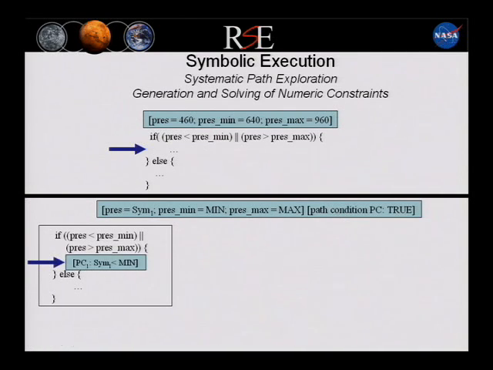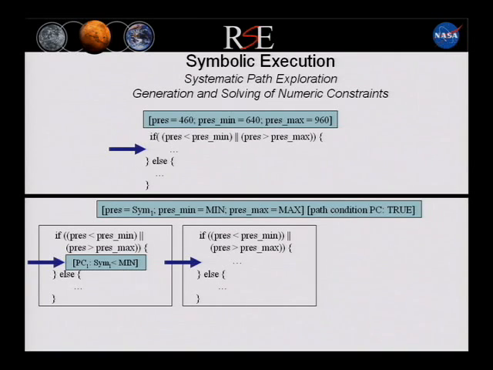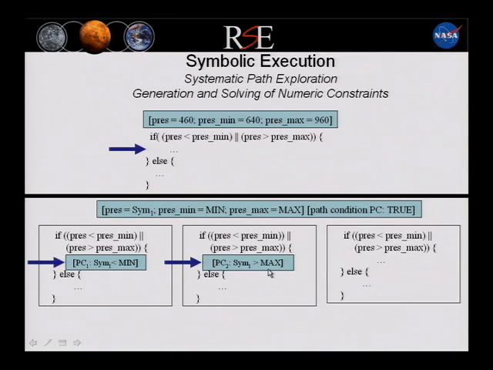So then for one path that corresponds to the first condition in the if branch, the path condition will be updated with this condition. Then the analysis engine, basically the model checker, will backtrack and explore another path corresponding to this condition. And then again, it will backtrack and it will explore yet another path.